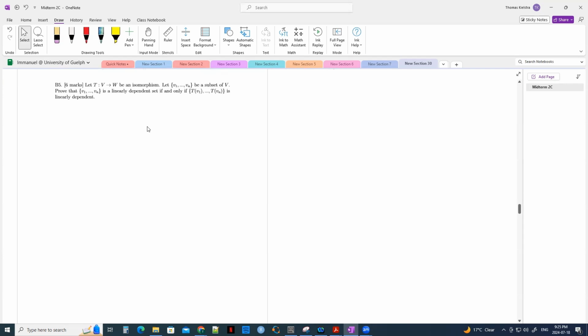Okay. So now we have an isomorphism, and we want to prove that a set is linearly dependent if and only if this set is linearly dependent. So we've got our forward direction to prove, and we've got our backward direction to prove.